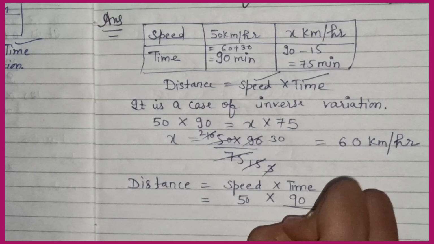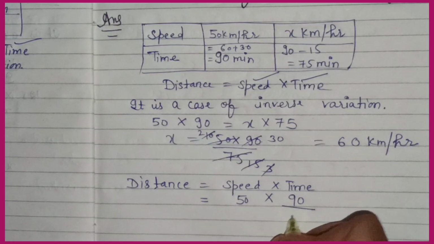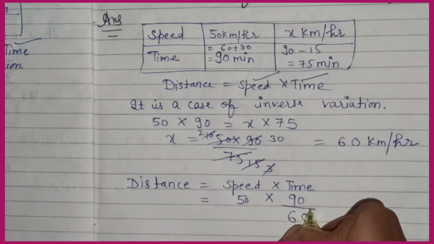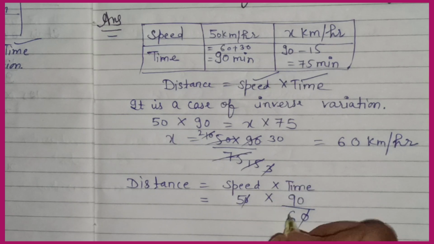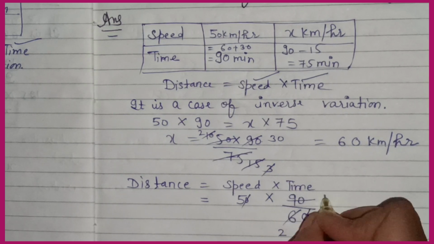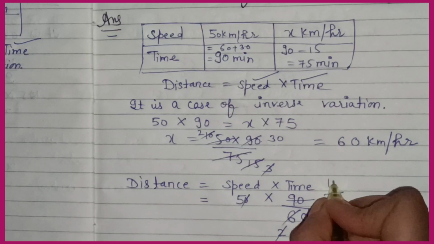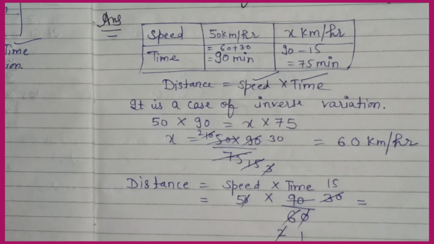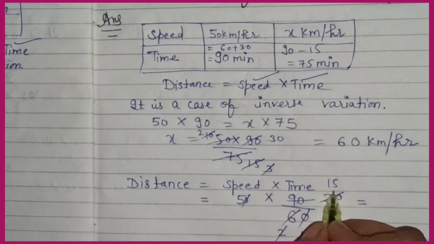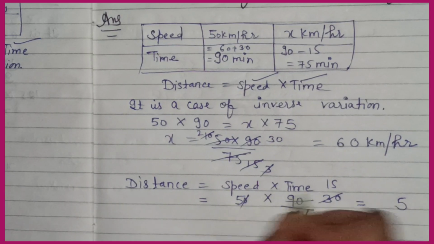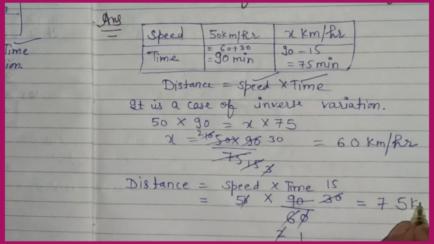And now we have to convert the minutes into hours, so we have to divide here by 60. This 0 cancels this 0. 3 2s are 6, 3 3s are 9 and 1 0 is here. 2 1s are 2, 2 15s are 30. Now from here 5 5s are 25, 2 is the carry, 5 1s are 5, 6 is 7, so 75 km.